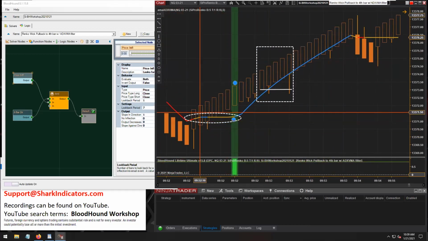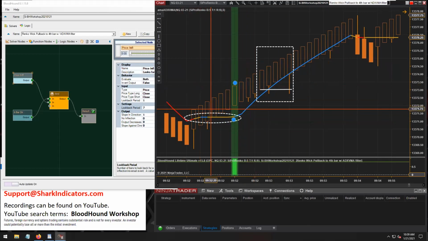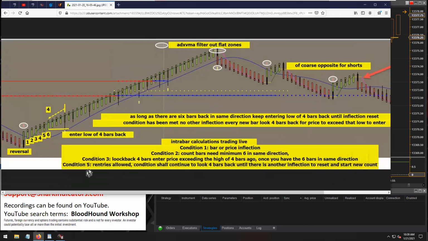So really that price inflection is going to interfere with this system, because of one of the rules. Let's pull this up here. Condition number 5, the last rule here, says re-entries are allowed. So basically, anytime we have this long continuous uptrend, as long as there's a deep enough pullback, it's okay to generate additional entry signals.